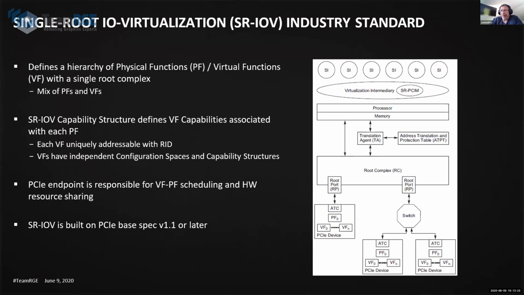But the key information that's pertinent here is we're able to have what they call a physical function, which is the core GPU, or the PF, as well as virtual functions, a VF. So in later slides there'll be a VF reference every once in a while, just so you understand what that is. It's a virtual function. It is a PCIe device.